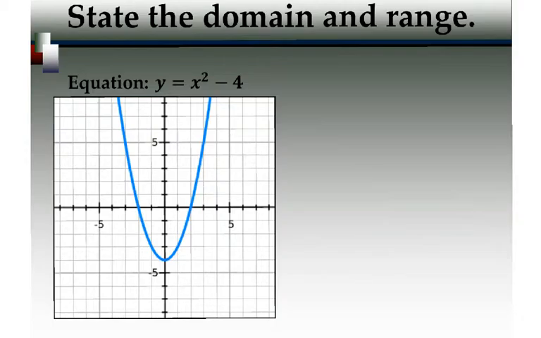Now let's look at another graph. For this example, I've asked you to state the domain and range again, and just note by drawing this on your graph right here that it keeps going up forever, and that's going to help us figure out the range of this graph and also determine the domain. Just notice that as this graph goes up, it also goes forever in the right direction, and then same goes as it goes up in this direction, it goes to the left.